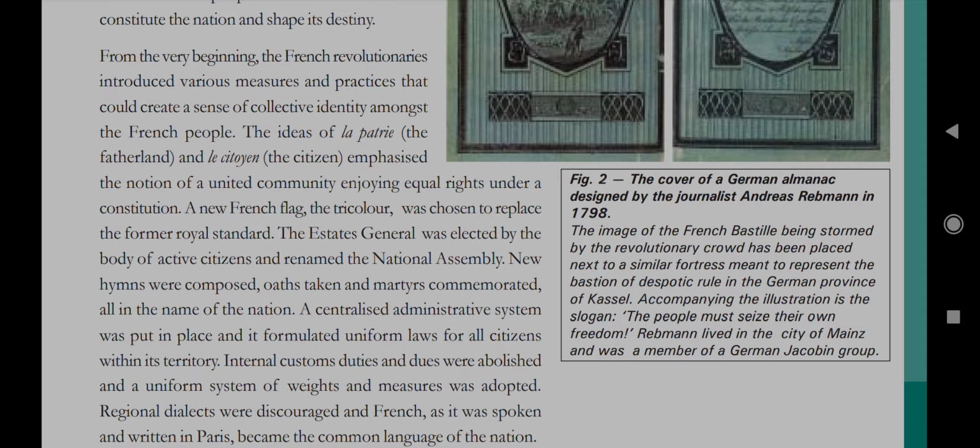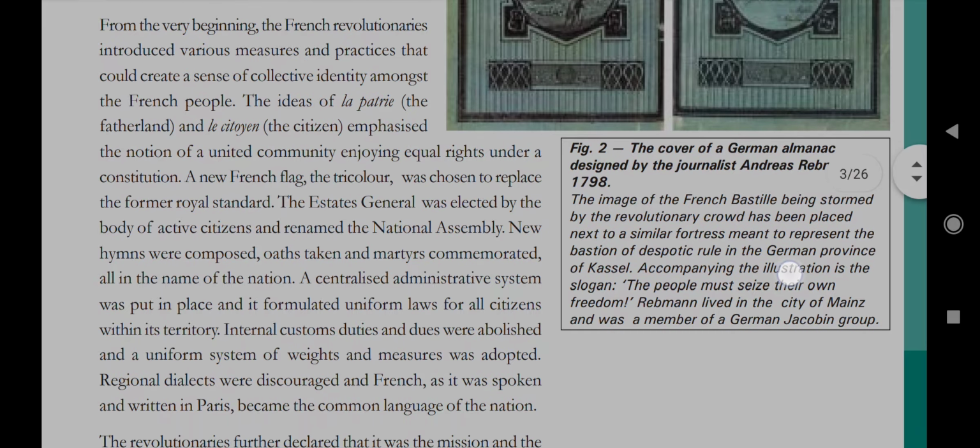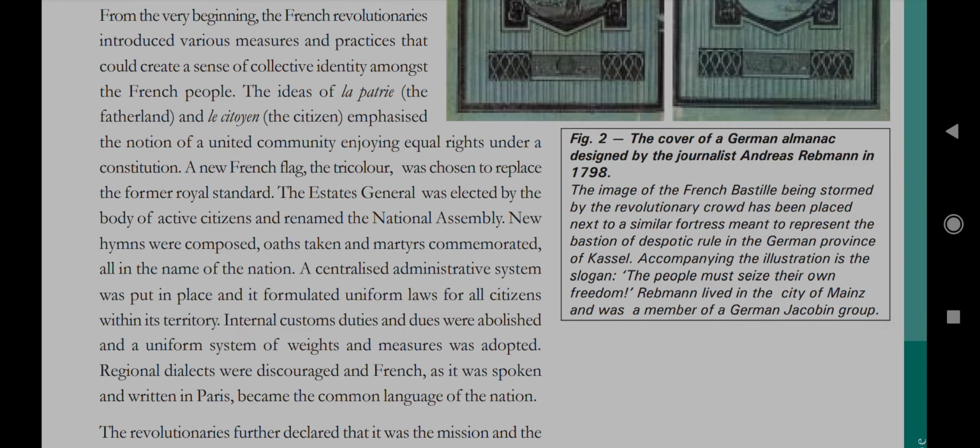See, everyone doesn't feel the same. It is the practices, the shared descent, through which people realize and get the sense that they are collective, like one family. So some measures were introduced to make the French people feel that collectiveness among themselves. So that was the idea of la patrie, the fatherland.